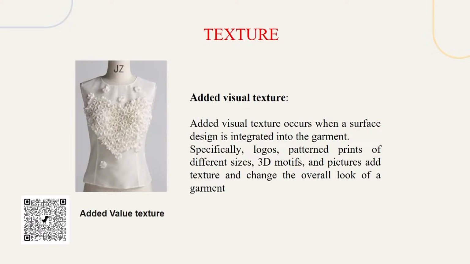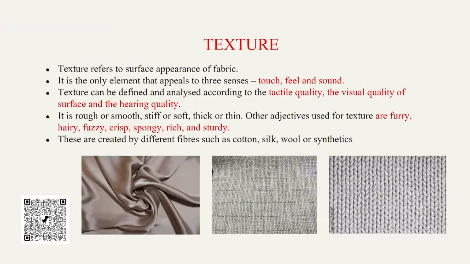Overall you will see that textures provide a different surface appearance to fabric, and with variation in the surface appearance you will see how the feel, touch and quality of the fabric changes. If you change the fiber or the finish on these fabrics, different textures can be created to get different appearances and different looks.